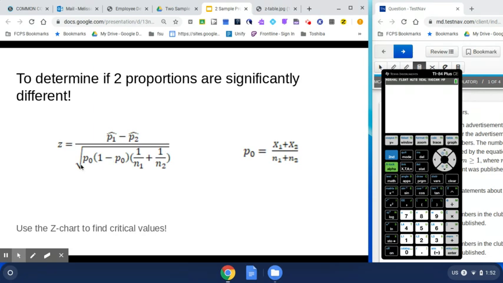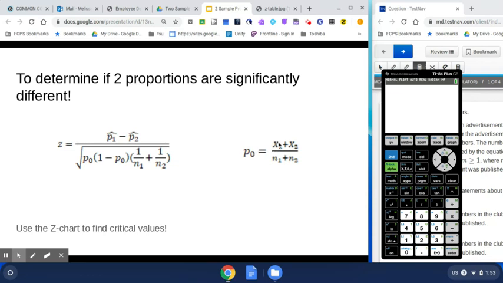Just to simplify things, we're just going to say P hat 1 minus P hat 2 divided by the square root of the combined sample proportions. P sub 0 is the notation that we'll use for that, times 1 minus P sub 0. That could also be notated as Q sub 0. So over here, we talk about how to find P sub 0. Again, it's the combined proportion.